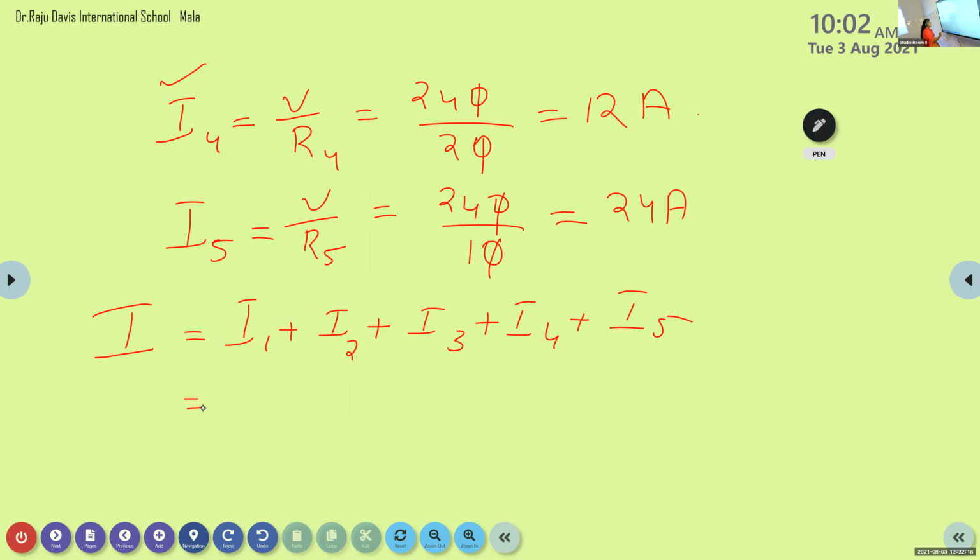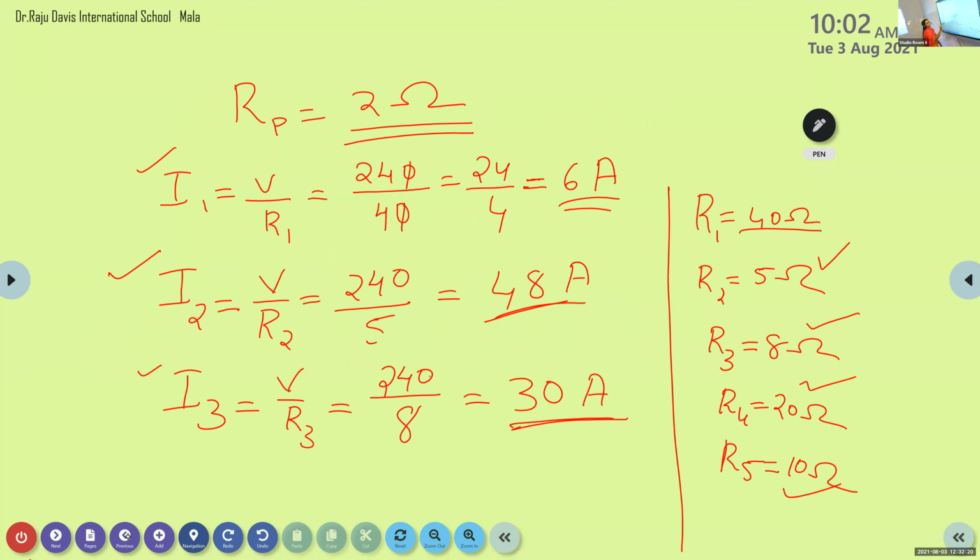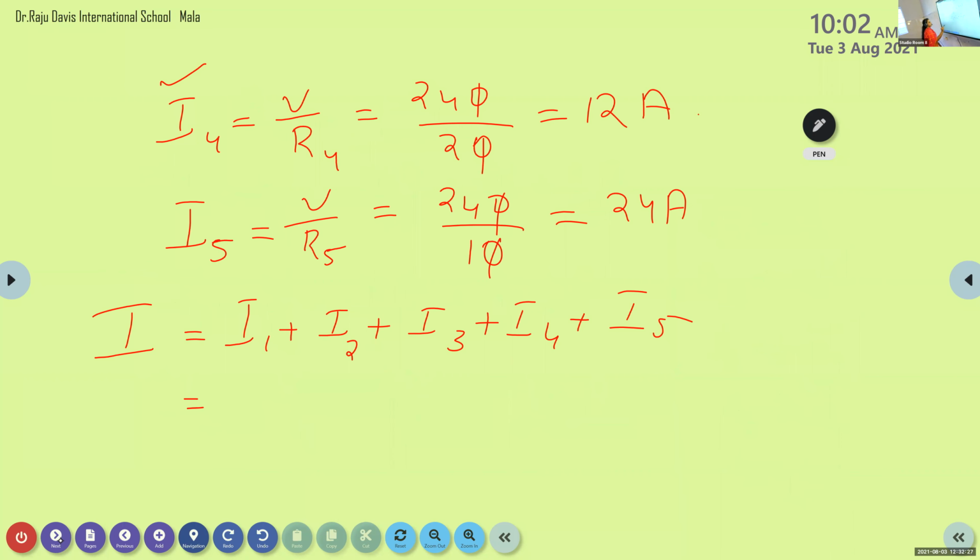So what is I1? I1 is 6, I2 is 48 and I3 is 30. So it becomes 6 plus 48 ampere plus I3 is 30 plus, what is I4? I4 is 12 plus I5 is 24.